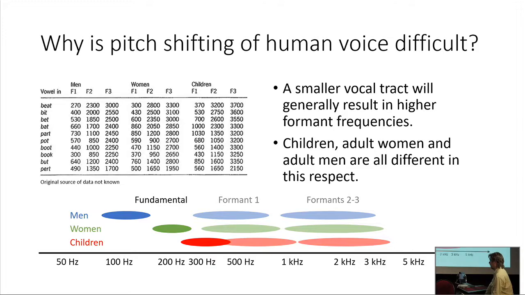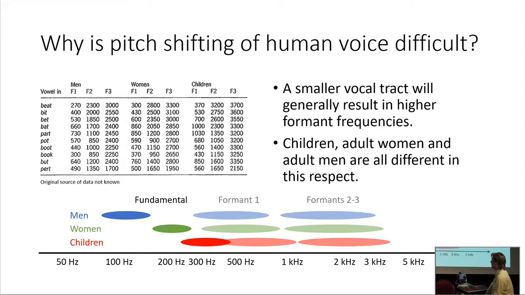And as you can see here, the location in the frequency domain of these formants depends on the size of your vocal tract, which in turn depends usually quite strongly on the size of your head, which in turn depends strongly on the size of you.